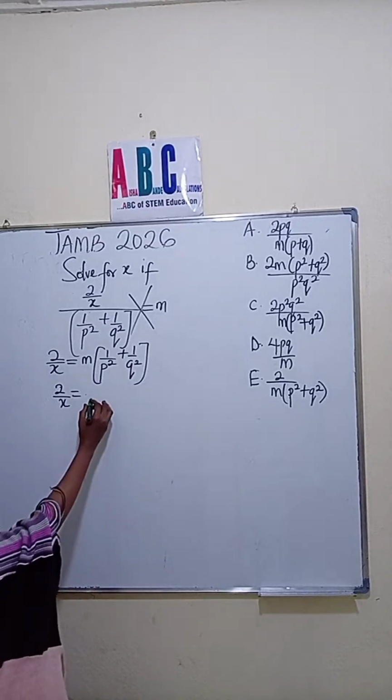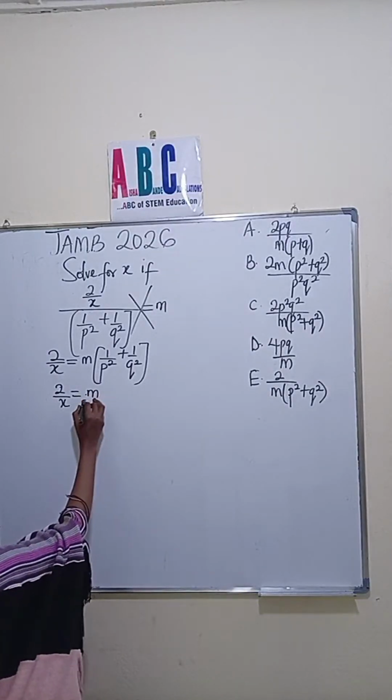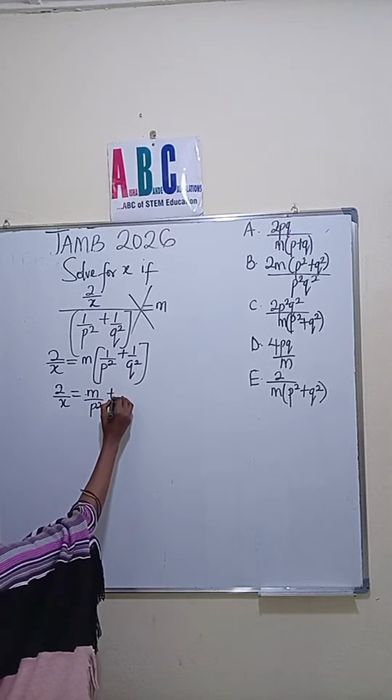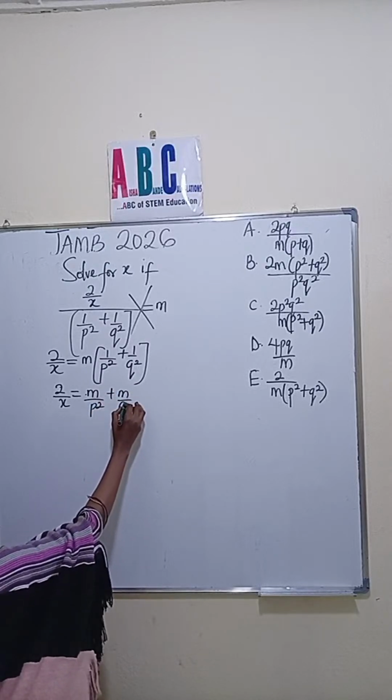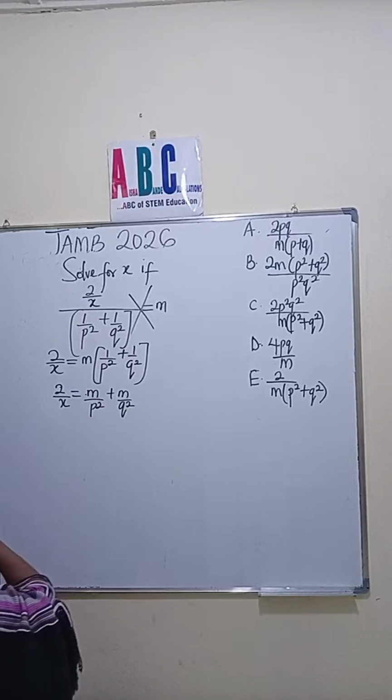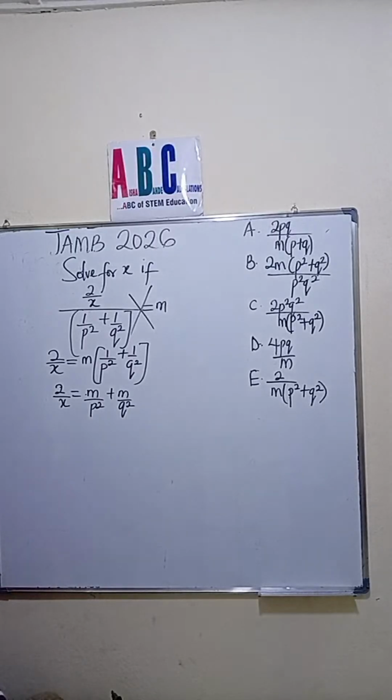We arrive at the same answer. So this becomes m over p squared plus m over q squared, right? Okay, so what can I do here? Can I take LCM? I've expanded m, so what can I do?